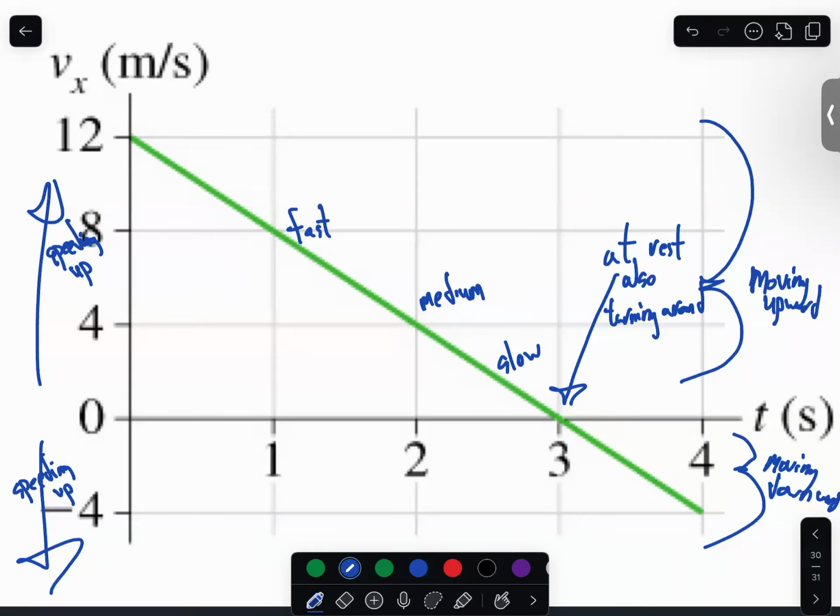Absolutely vital, important, powerful, crucial, I will test you on this skill: to be able to take graphs, as well as numbers, and interpret them in English. Is this fast? Is this slow? Am I above or below the origin? Am I moving upward? Am I moving downward? Am I speeding up?